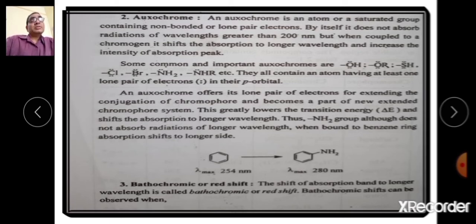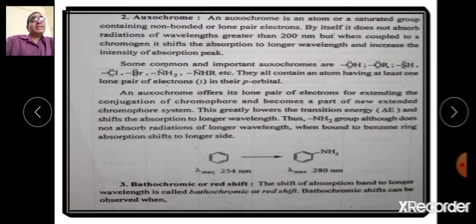Some common auxochromes are the OH group, the hydroxyl, OR, thiol SH, chloride, bromide, amine, primary amine, secondary amine. These are the groups. What do they contain? They all contain an atom having at least one lone pair of electrons in its p orbital.